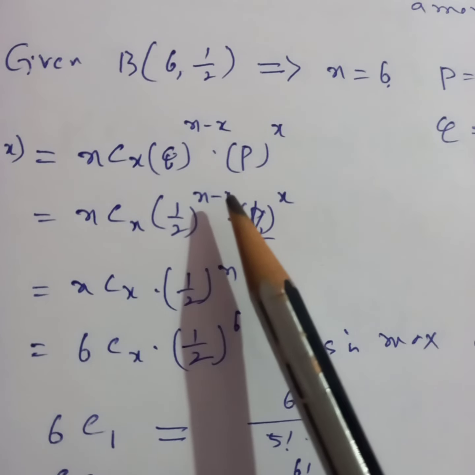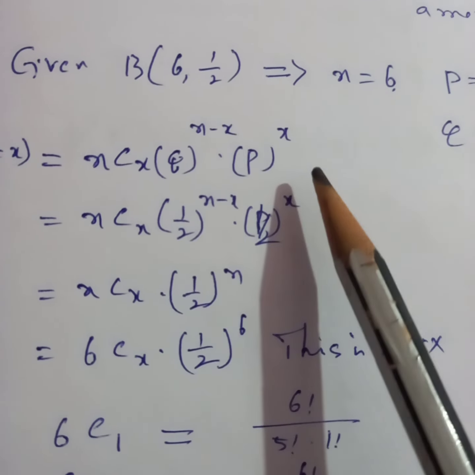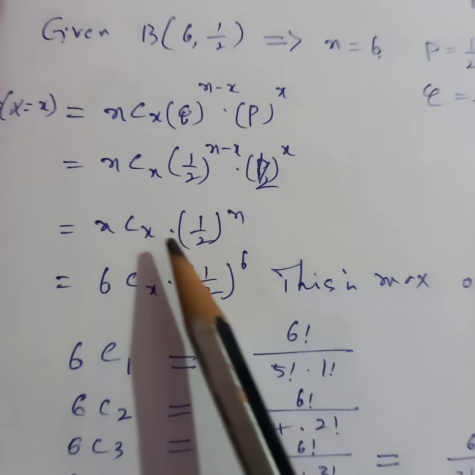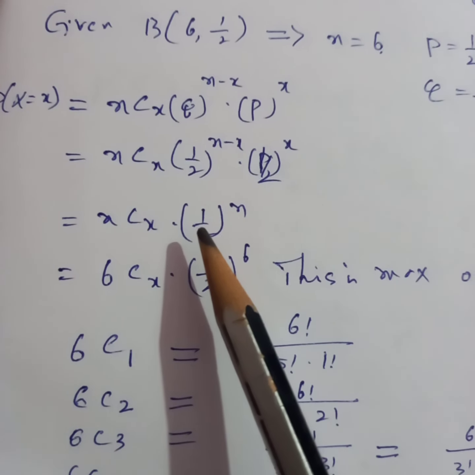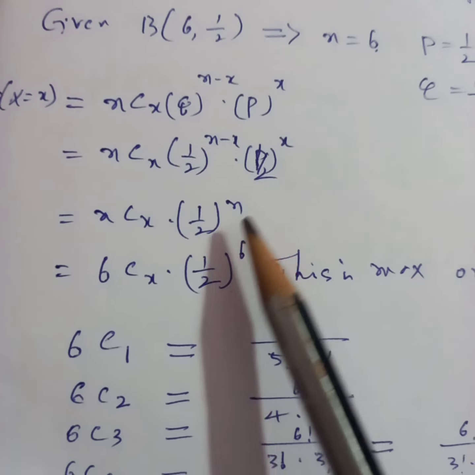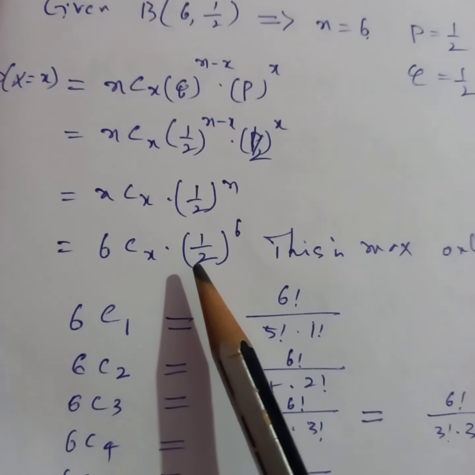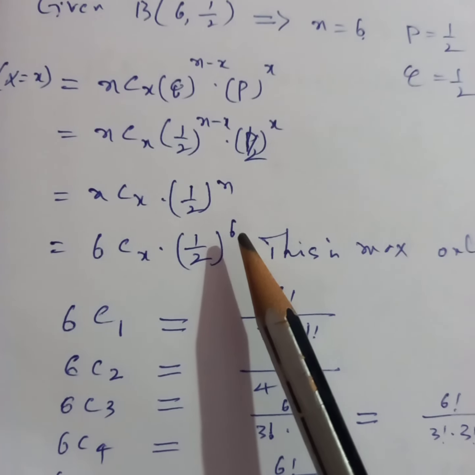Minus x plus x cancels out. We have half to the power of n. So nCx into half to the power of n. Now 6Cx into half to the power of 6.